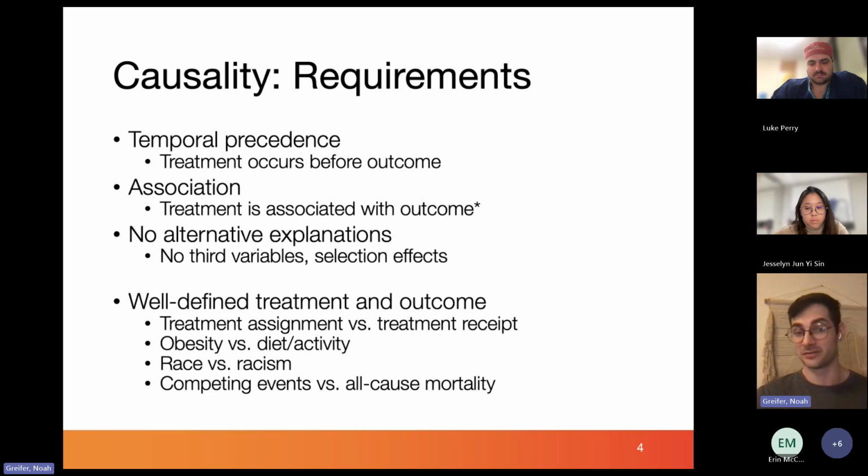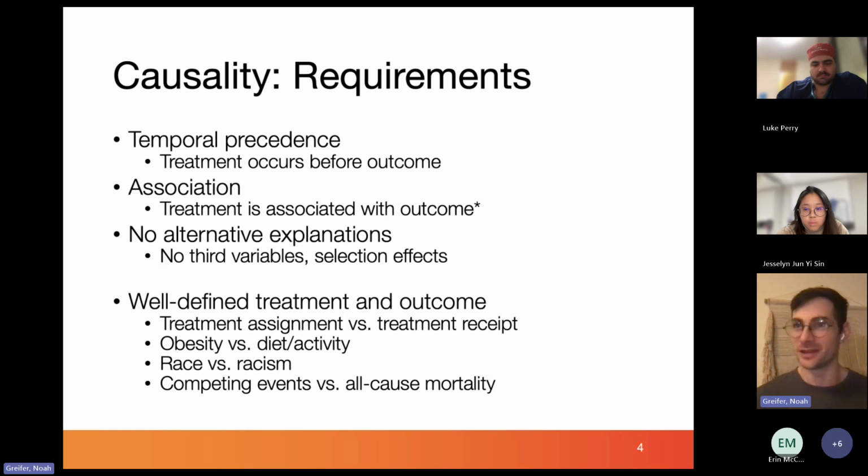Those are also fundamentally interlocked in a certain way, and we need to define our treatment when we're trying to understand discrimination and those kinds of effects. And then with respect to outcomes, we need to understand whether we're interested in all-cause mortality after some intervention or death due just to the complication of the intervention.